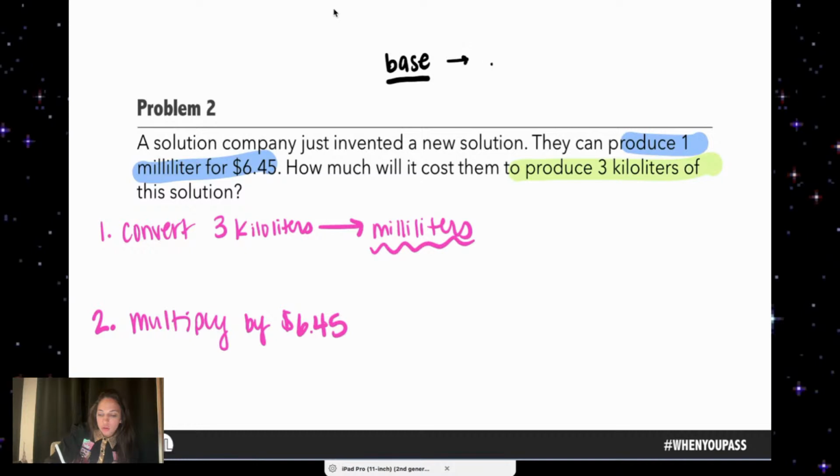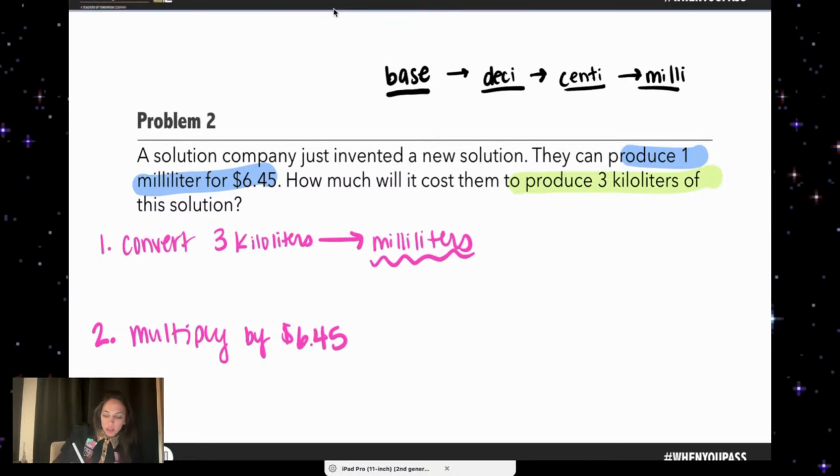And then it goes deci, centi, milli. And then this way it goes deca, hecto, and kilo. Now I'm going to highlight the ones that we typically see the most.